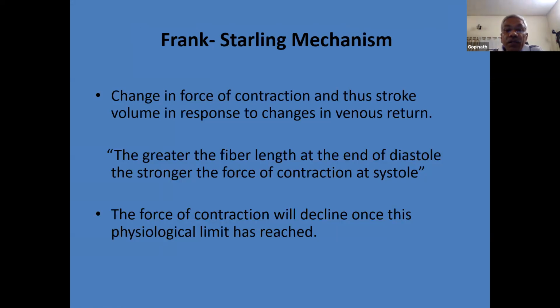The greater the initial fiber length at the end of diastole, the stronger the force of contraction at systole. So which generally means that any change in force of contraction and thus stroke volume in response to changes in venous return. The force of contraction basically will decline once this physiological limit or threshold or yield point has been reached.